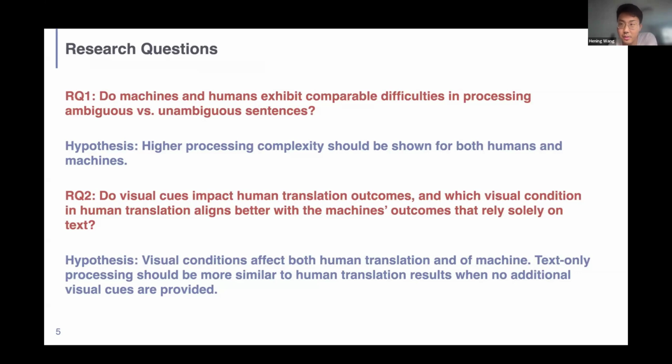Our second research question is, do visual cues impact human translation outcomes, and which of them in human translation could align better with machines' outcomes that rely solely on textual information? And our hypothesis for that would be visual conditions affect both human translation and machine. Processing should be more similar to human translation results when no additional visual information is provided.